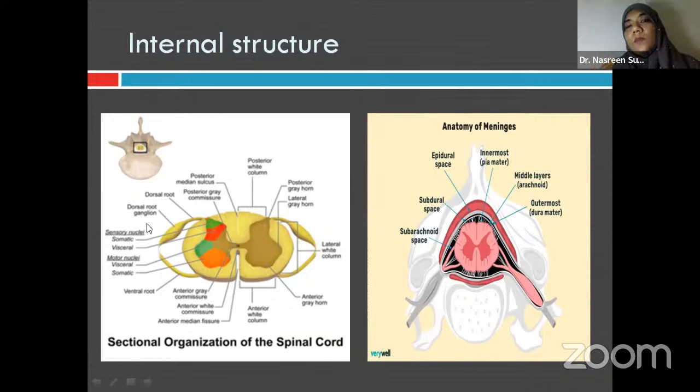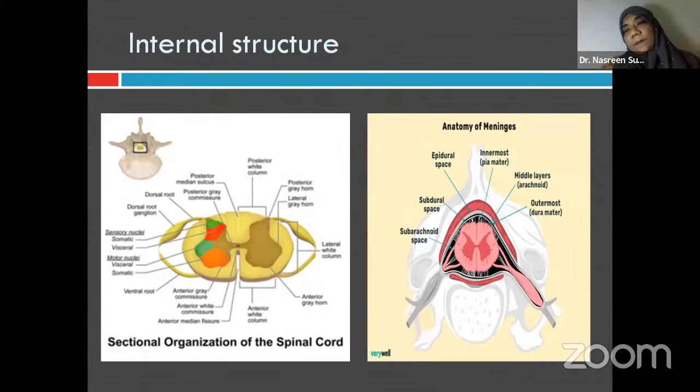Understood? Now, coming to the meninges. If you see the TS of this spinal cord, you can see how it is protected by different layers. And the white one, which is very thin and not visible, is your vertebrae.